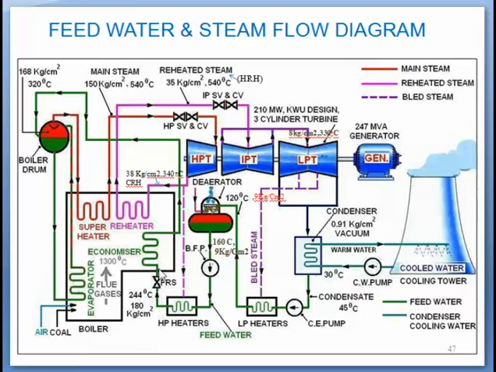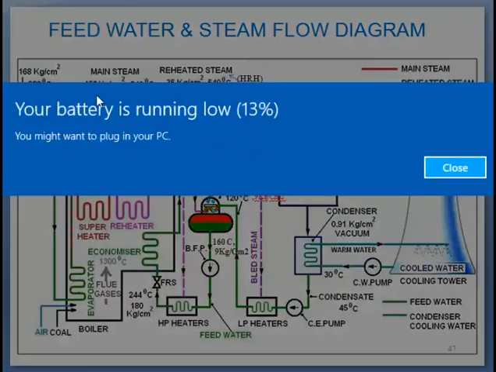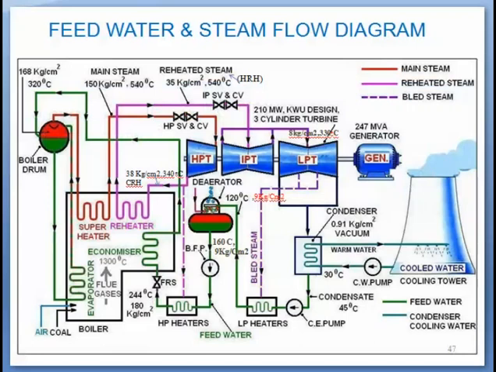And finally through the feed regulating station, this feed water goes through the economizer in saturated condition to the boiler drum, where steam and water are separated because of density difference.